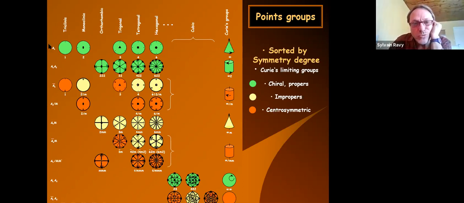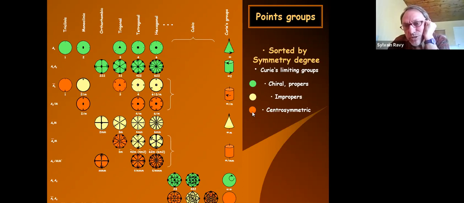So what you can see here also is that you have groups which are chiral, which means they don't have indirect symmetries. You have groups which are called improper, which are groups with indirect symmetry except centrosymmetry.